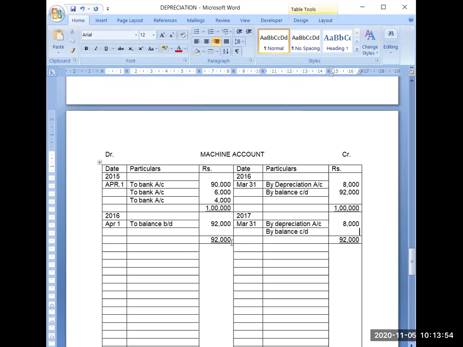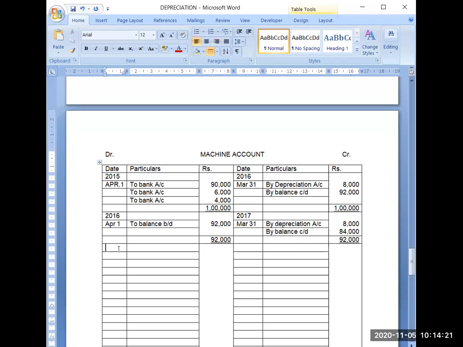So it is incorrect. Balance will be here only, or here it can be. So now 92,000 minus 8,000, it will be 84,000. So this way our second year is also completed. In second year there is no purchase or sale of machinery. There will be only depreciation charged. We have charged and its balance is again reduced by 8,000.